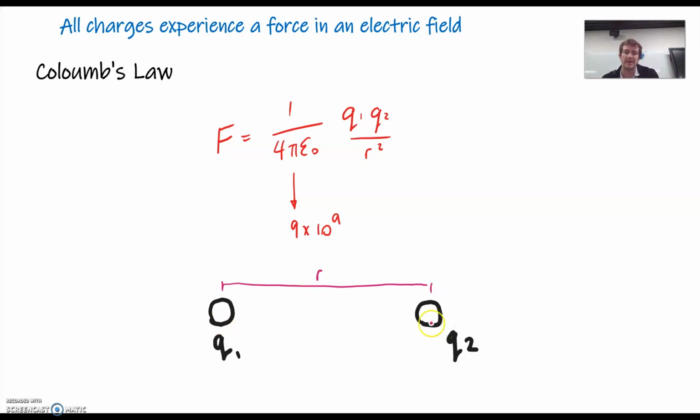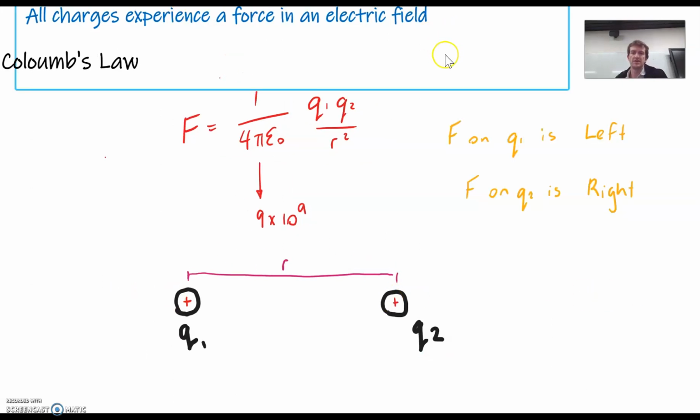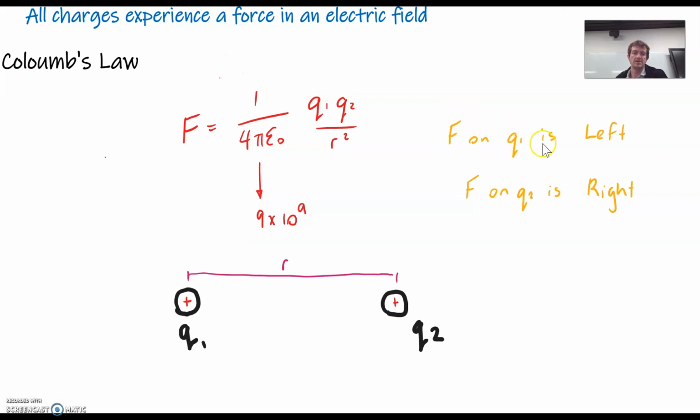It depends on the signs of the charges. For example, if they are both positive charges, that means that they are repelled by each other. So charge number 1 will be forced left, and charge number 2 will be forced right. So we can say that the force on charge number 1 is left, and the force on charge number 2 is right. So the force that we're talking about depends on the object that we're talking about.